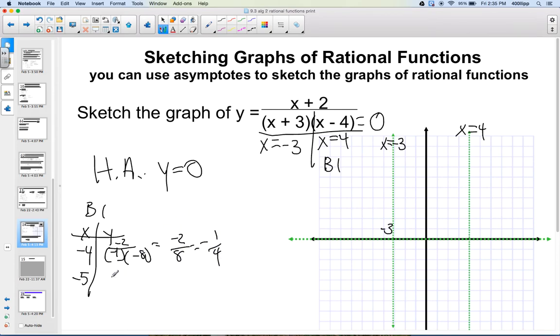So we can plug that in: -4, -1/4. So already we know it's going to be down here. Since we already have these asymptotes drawn in, we know it's going to be approaching our asymptotes, so it'll look something like that.